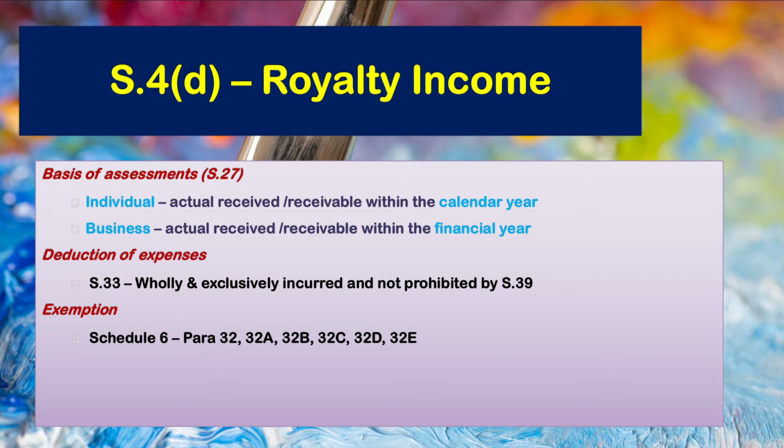The next one, 32E, refers to any income or royalty income received by an individual by way of fee or honorarium in respect of services provided for the purpose of validation, moderation, and accreditation of franchise educational programs. For example, you are a lecturer or an academician of one institution and you are appointed by MQA to go and do the validation of a certain education program in other universities.